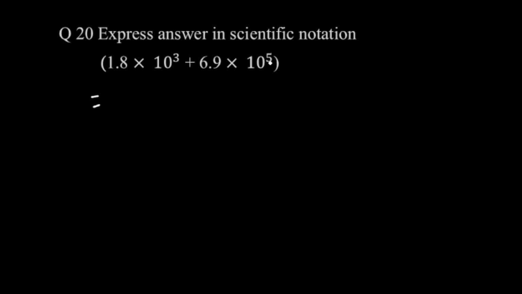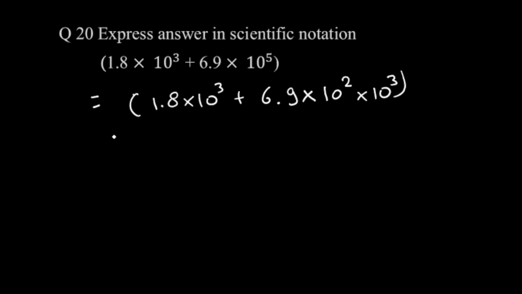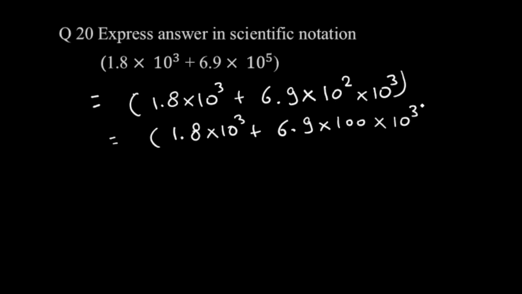So we decrease the power here. 1.8 multiply 10 to the power 3 plus 6.9 multiply 10 to the power 5 means we can write it like this: 6.9 multiply 10 squared multiply 10 to the power 3, where 10 squared means 100.